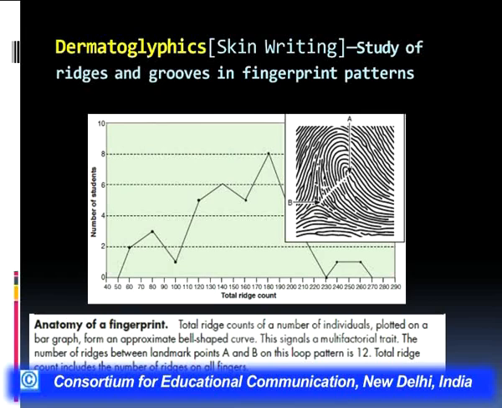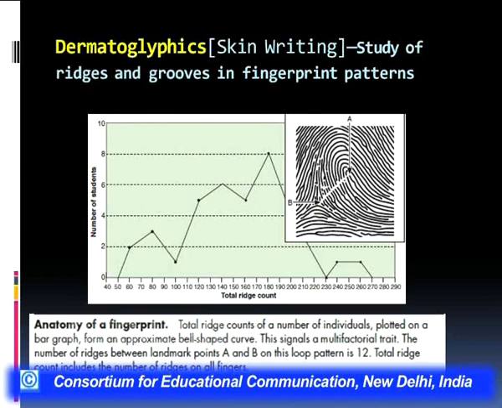It is believed now that these particular ridges and grooves in our fingers and toes are also governed by polygenes.